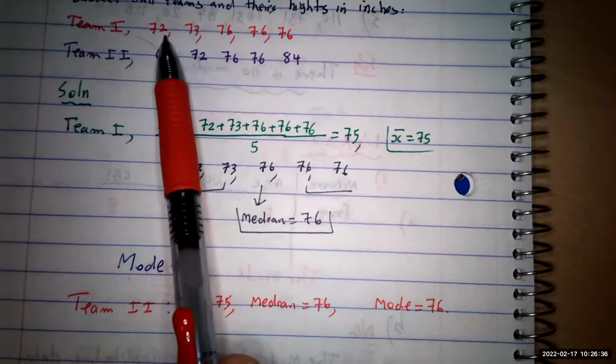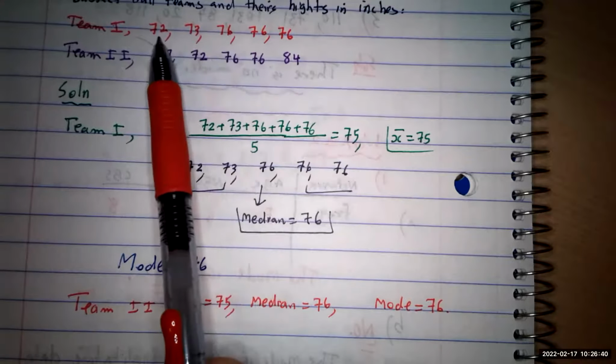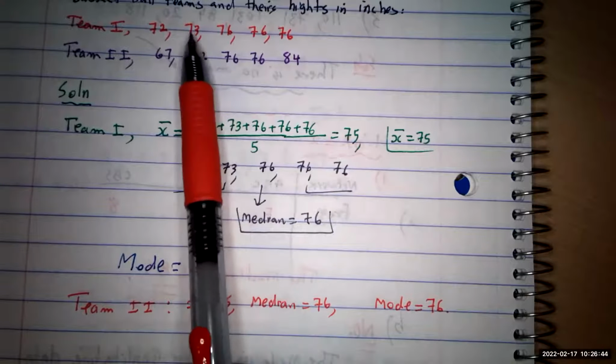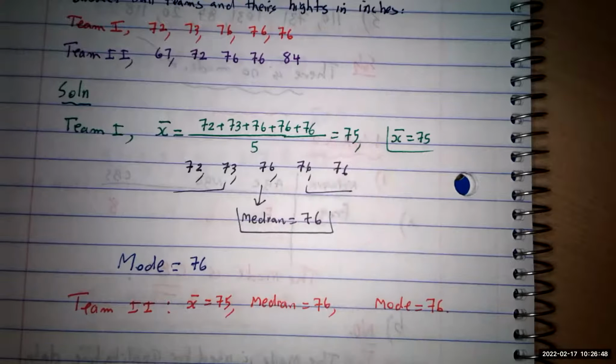For the first one, the numbers are almost close to each other. So there is something in the second team that makes it different from the first team, but you cannot find it using these ideas only. So we need something else to be able to compare them together.